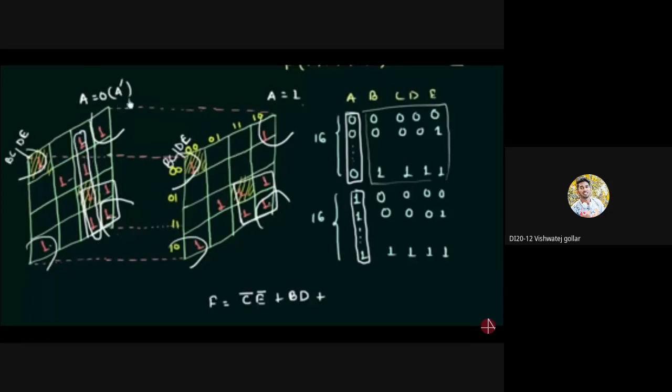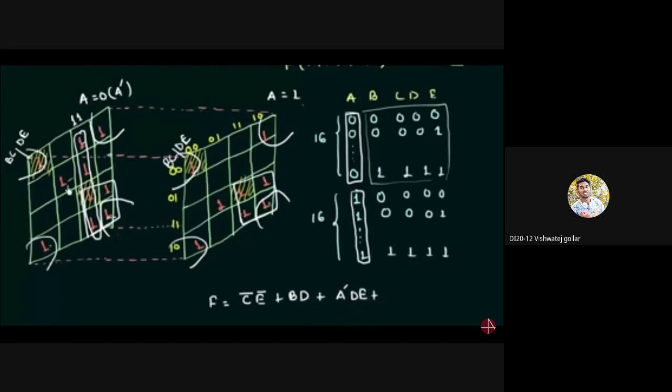So it means A is not changing from 0 to 1. So we have to consider A as a complement because it is present in the complement map of A. So I will write A complement, and this is your 1 1. BC is changing from 0 to 1, DE is 1 1, so A complement DE.